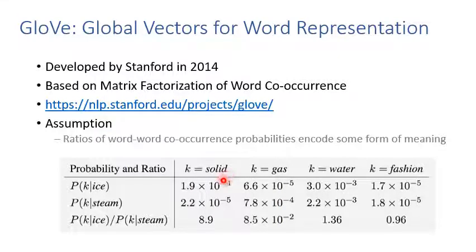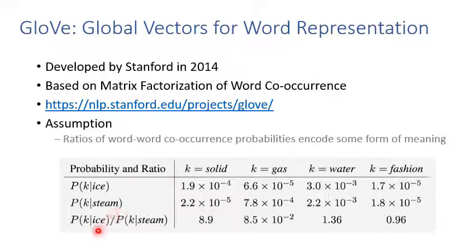From this table, we can see that among the four words, ice has a higher probability ratio with water and solid, right? And steam has a higher ratio with gas, and water and gas.